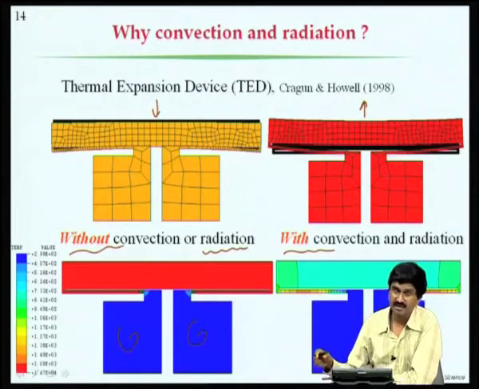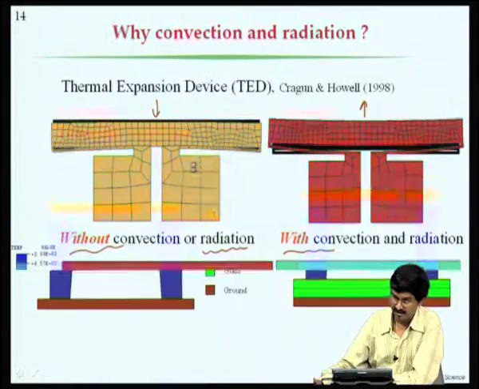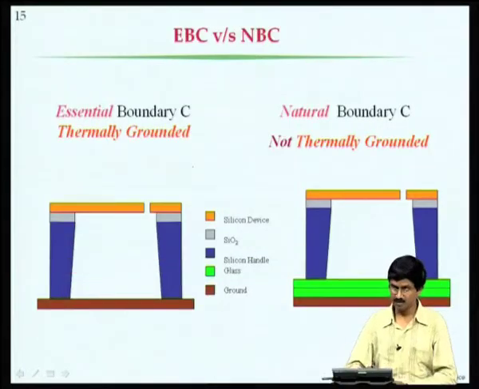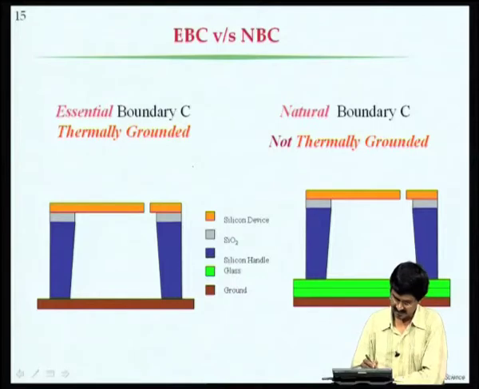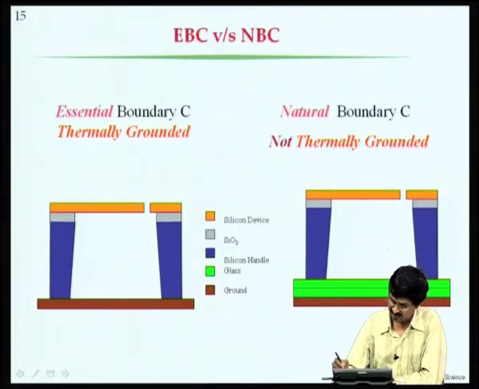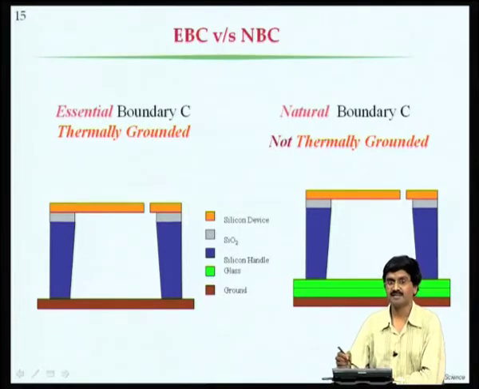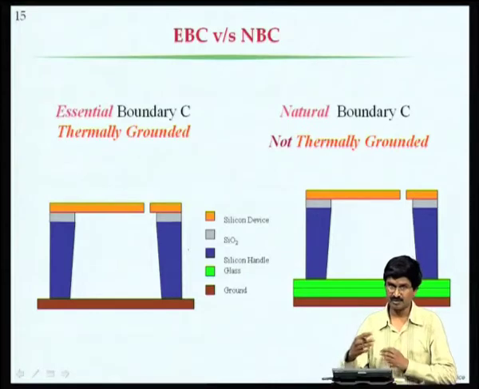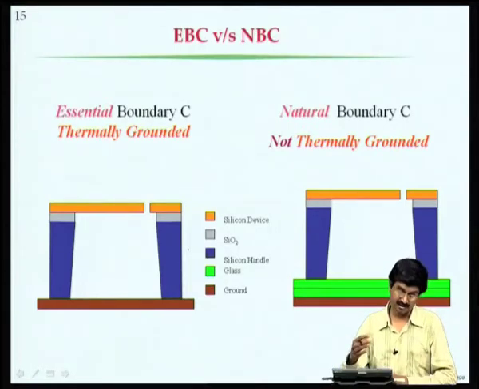So, that is why it is very important to model convection properly and also the boundary conditions. So, here it is thermally grounded by putting an insulating layer, or not thermally grounded. So, you can have different boundary conditions and try to play with the geometry according to boundary conditions and the voltage level, potential difference level, and we can make these structures work.